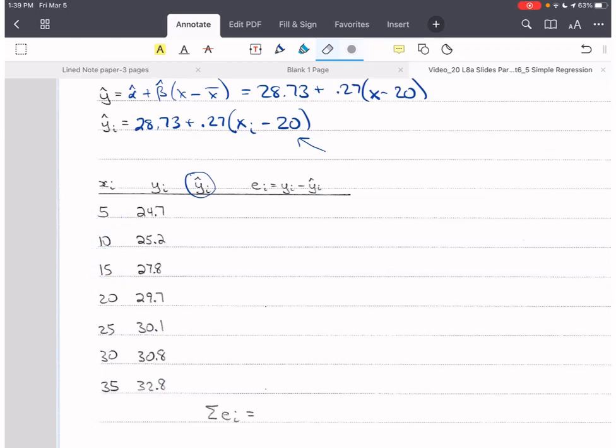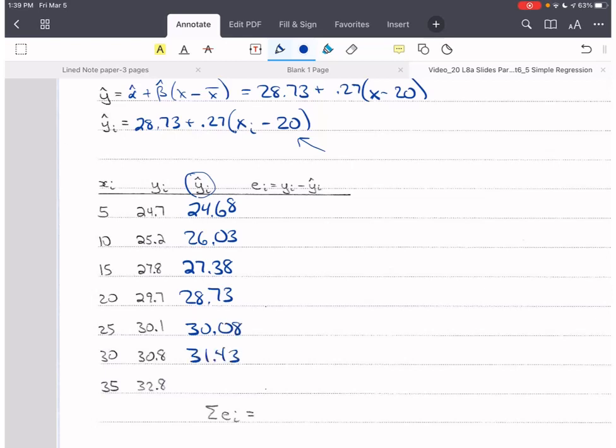So what I have here is 24.68, and then 26.03, 27.38, 28.73, 30.08, 31.43, and 32.78.